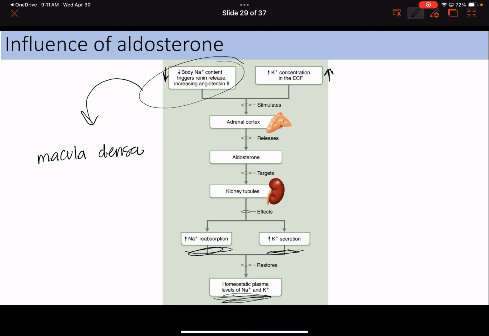And the macula cells and the granular cells make up what structure at the nephron? The juxtaglomerular complex. Juxtaglomerular complex. You cannot say JGC. Juxtaglomerular complex. Come on. You can if you want, just half a point and not a full point.